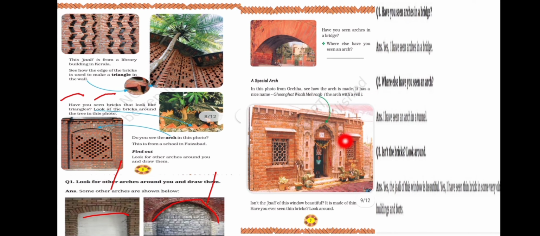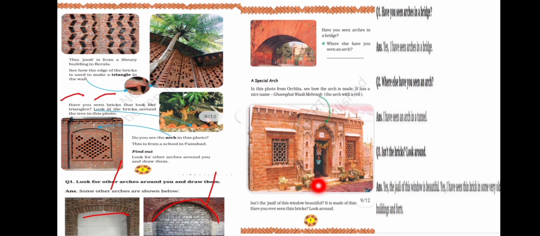Ghungat refers to a head scarf or head covering, because this is built over the door, so this is referred to as Ghungat wali mihrab.